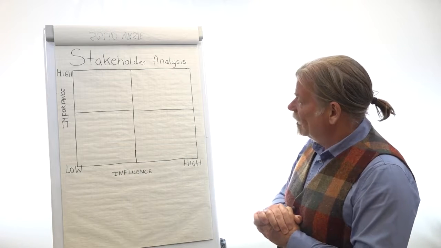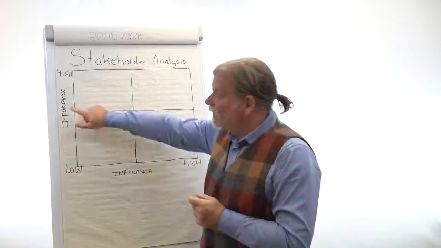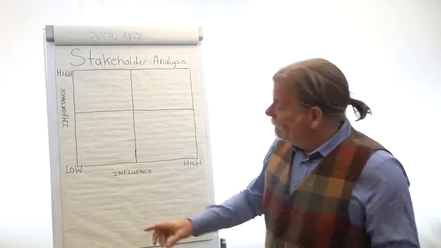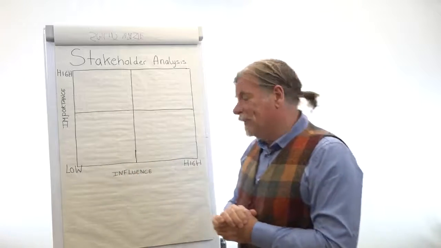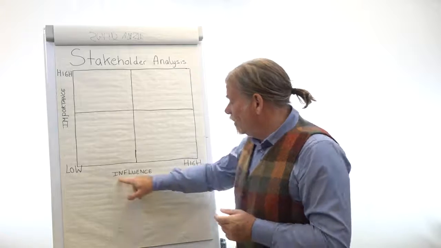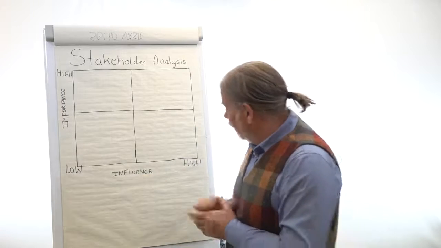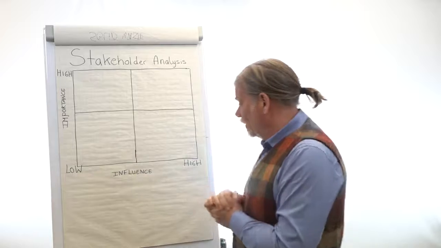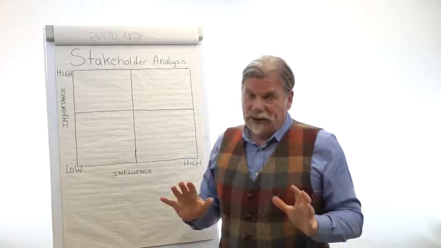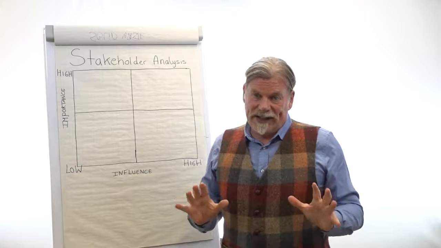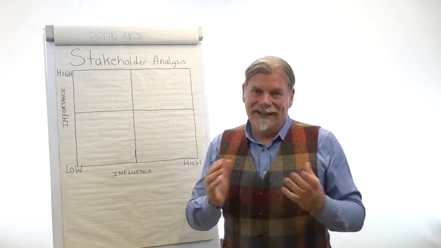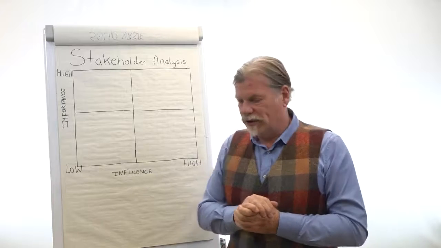We have the dimensions of importance, from low importance to high importance. And we have the dimension of influence. So high influence and low influence. These are the most important dimensions that you have to take into account when you are analyzing your stakeholders.